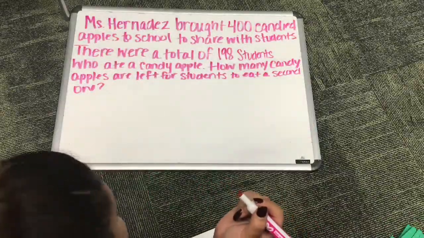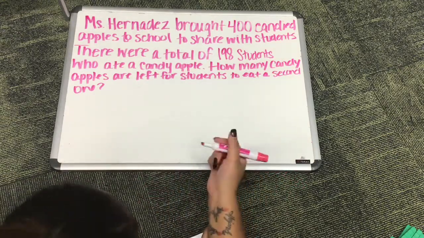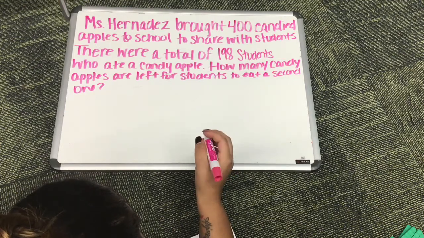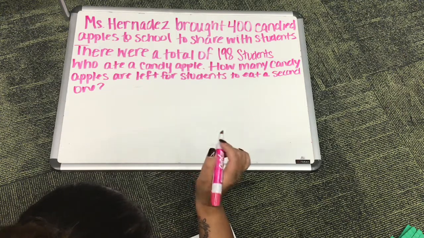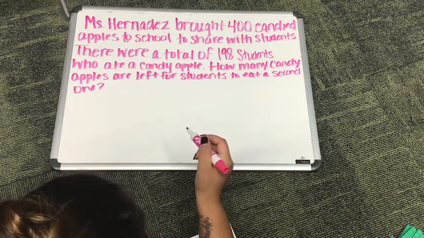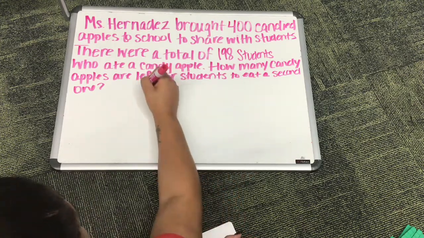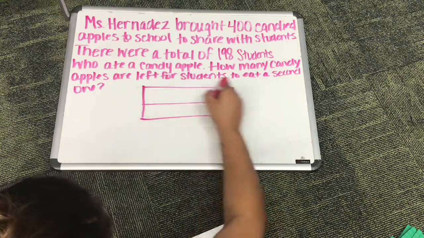So coming back to our problem, we're going to do a different type of model to solve this problem. We're going to be doing the linear set to model a strip diagram for our subtraction. For the strip diagram, I'll be using a rectangle method. So drawing my strip, I know that the total goes on top.